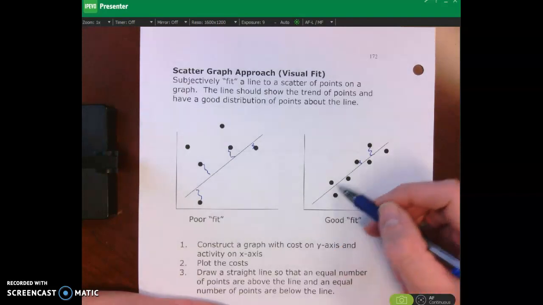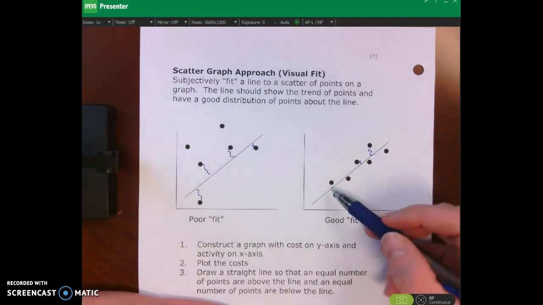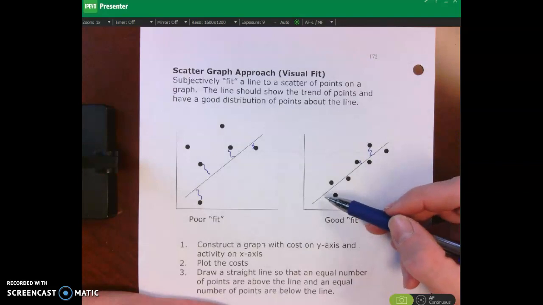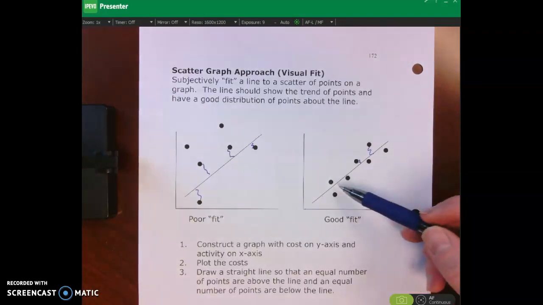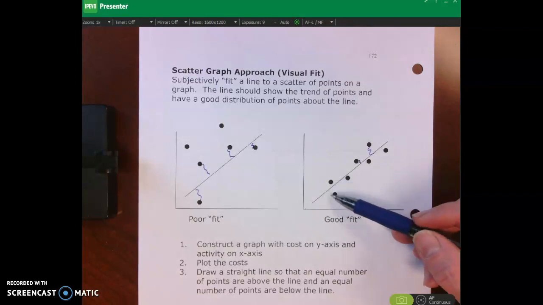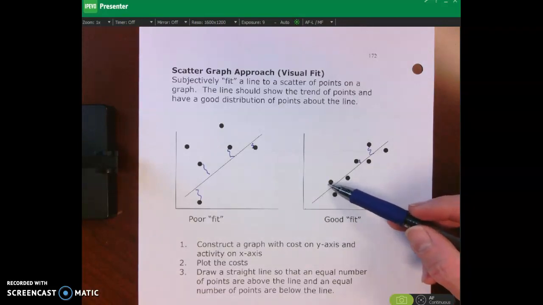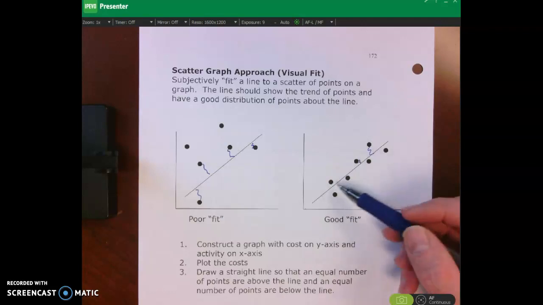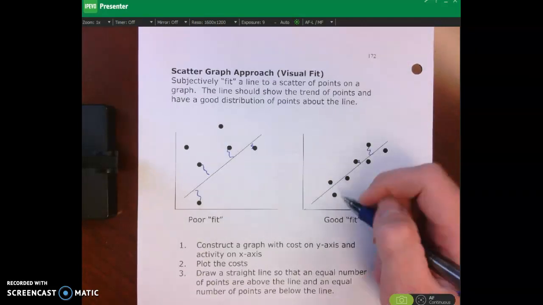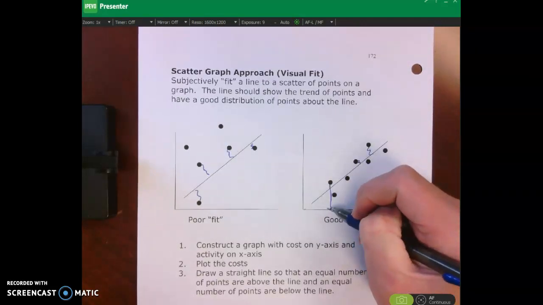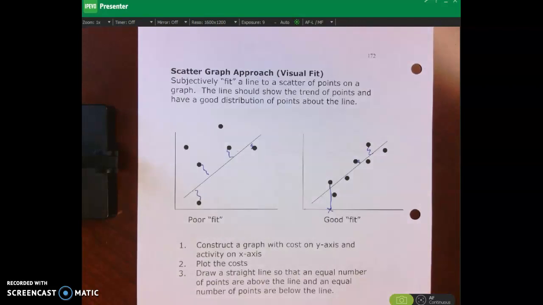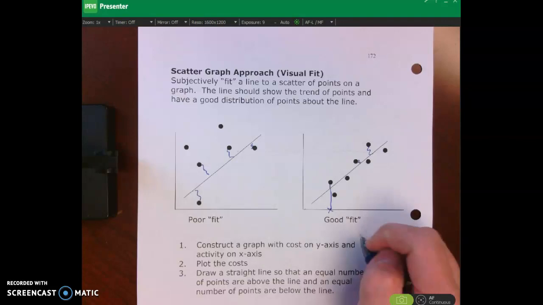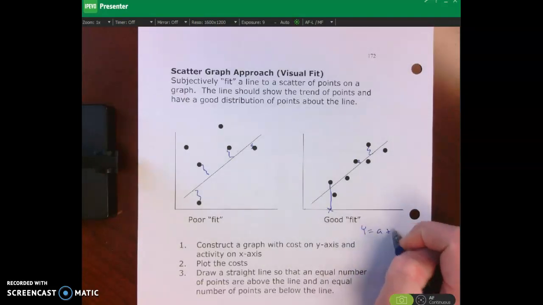Once we draw that line that best fits the data, we could estimate the slope. And then we could choose a point on the line, and we could say, all right, this is the total cost right over here. We know the slope. And then at that point, we also know the level of activity right down here. And so we could back into figuring out our fixed costs, all right? So we know our y equals a plus bx.